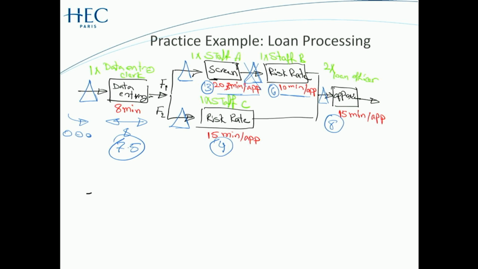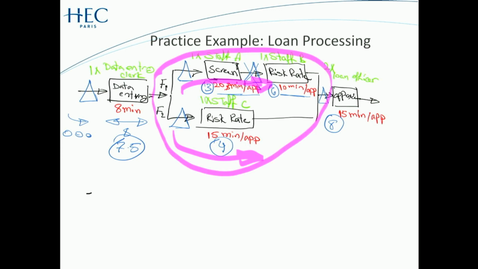Okay. Now, the example in the class doesn't ask you this question, but I would like to take us a little bit further and try to understand what the bottleneck of this process is. To do that, we have to see what the output of this route is and what the output of this route is, in order to understand the capacity of this part of our process.